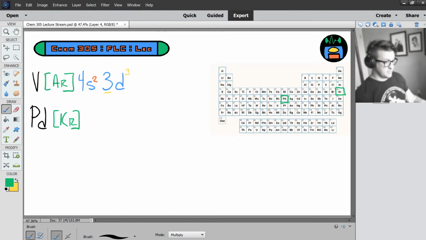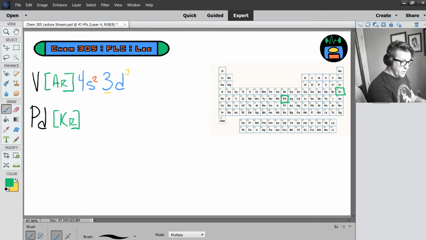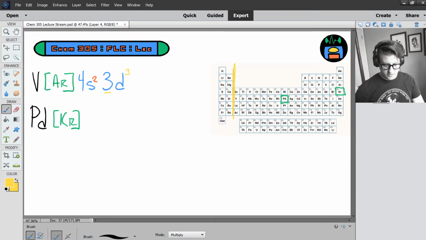Crossing that invisible line drops your orbital energy by 1. And that invisible D line is what separates the S block from the D block.